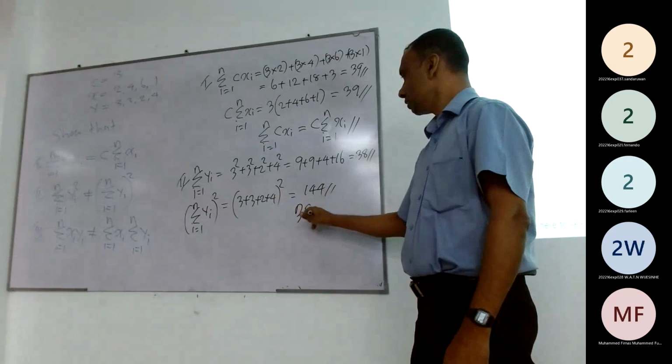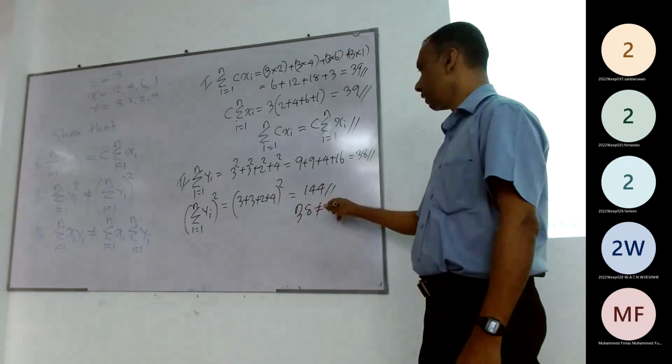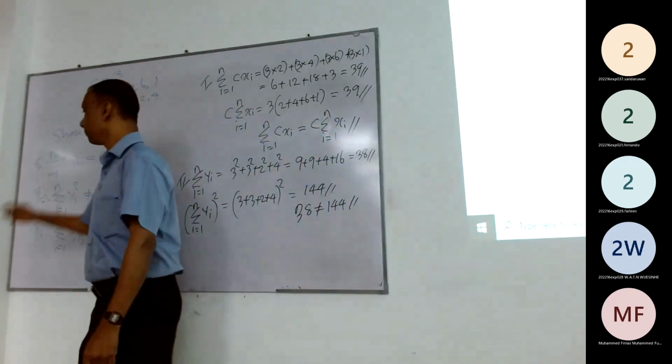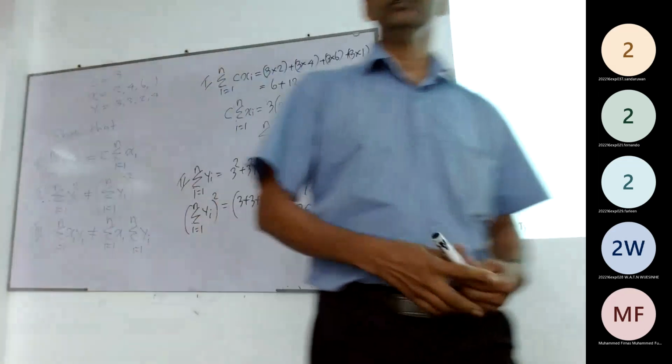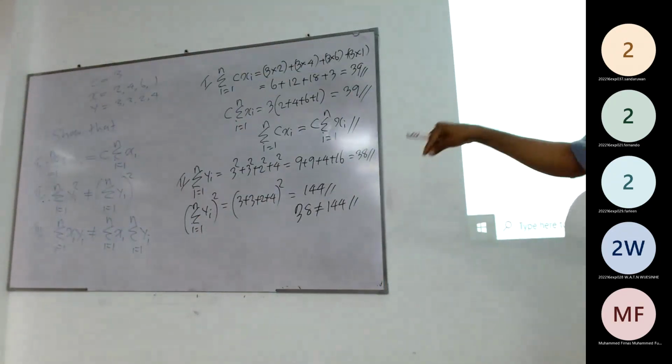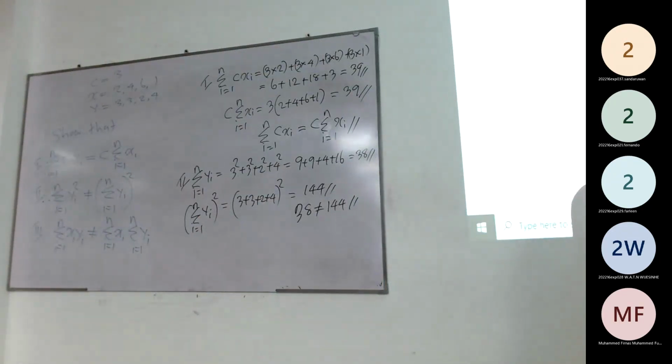Then 38 not equal 144. Therefore, this happens. Like that, simplify and you can solve the problem. Right, then practice part 3.